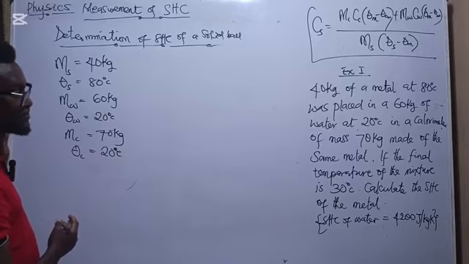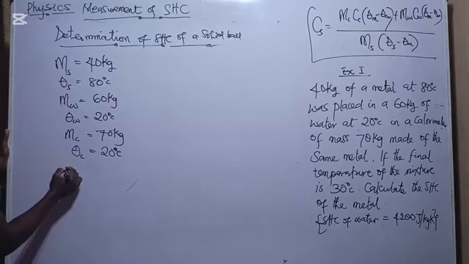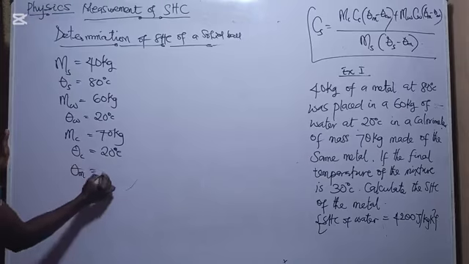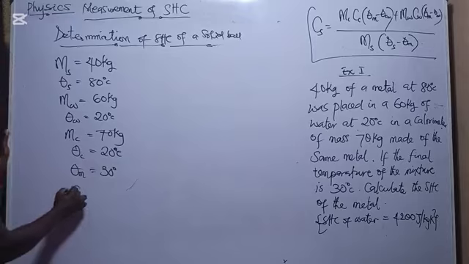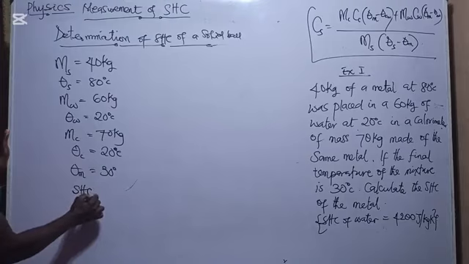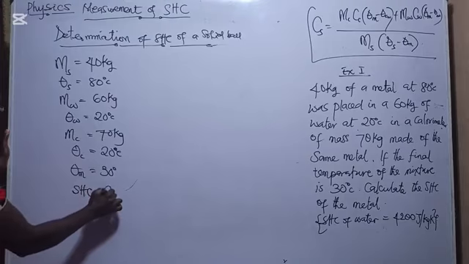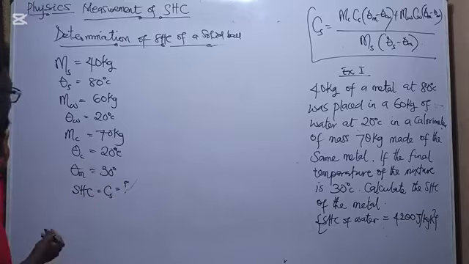Now, if the final temperature of the mixture is 30 degrees Celsius, so the temperature of the mixture is 30 degrees Celsius, calculate the specific heat capacity of the metal. So the specific heat capacity of the metal, which is C of the metal, that's the solid, is what?